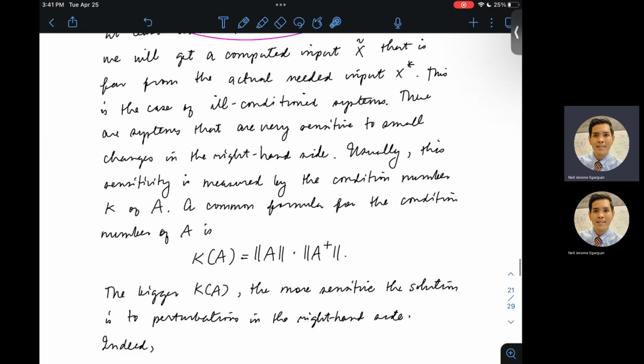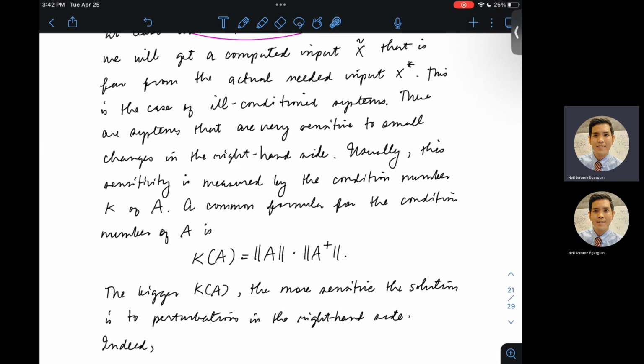Now, let's consider some things. Do we always need to worry about this particular scenario? Well, this ill conditioning or ill-posedness of a matrix is imminent whenever the condition number of the matrix is very big.